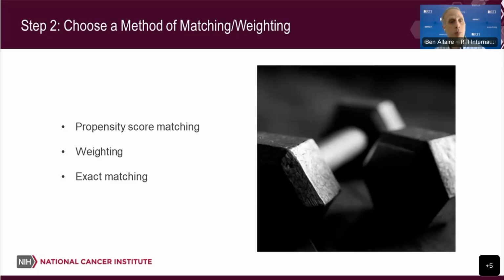So propensity score matching essentially takes all of these covariates and balls them up and mashes them into one single variable, which is the propensity score. And for our interest today, that would be the propensity to have a cancer diagnosis. It takes all of those variables together, and now that you have one summary variable, you match on that propensity score.